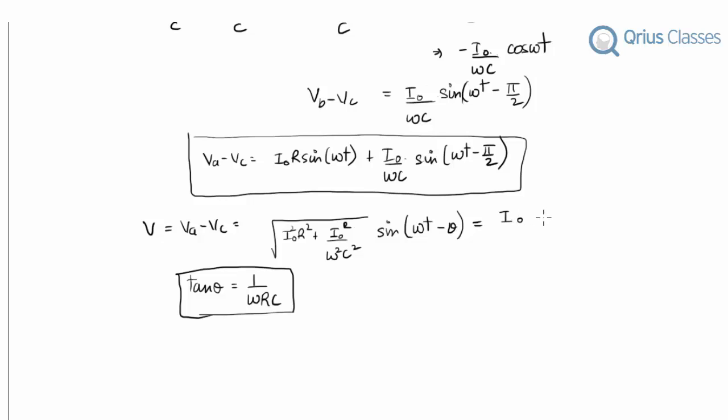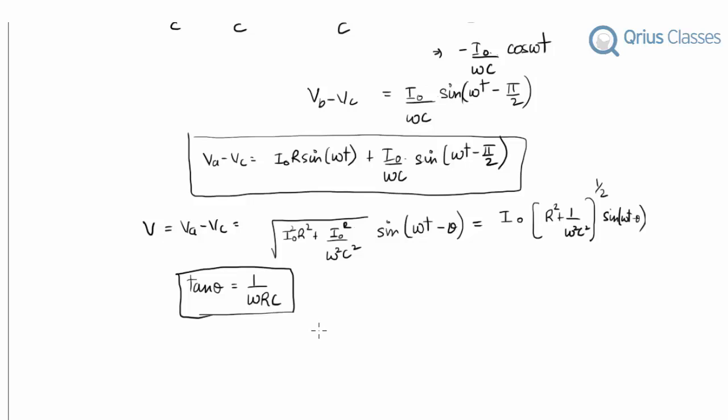This can be simplified a little more. I naught times R square plus 1 by omega square C square, to the power 1 by 2, sine of omega t minus theta, where tan theta is 1 by omega RC. The ratio of V by I is called impedance, right?